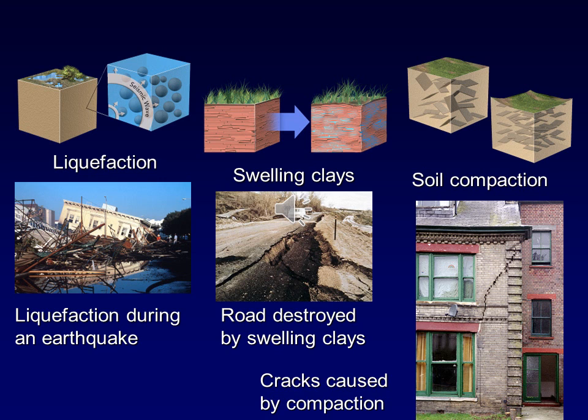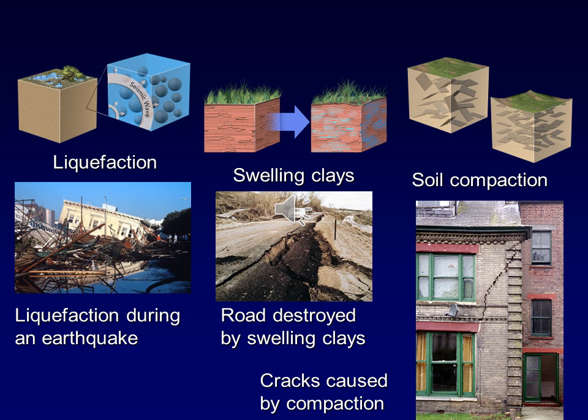So the sediment actually begins to behave like a liquid, and liquids will come up to the surface. So groundwater comes up to the surface, and any sediment that's fine enough comes up to the surface as well. And there can be huge implications to that. We can lose stability under buildings and fracture other structures.